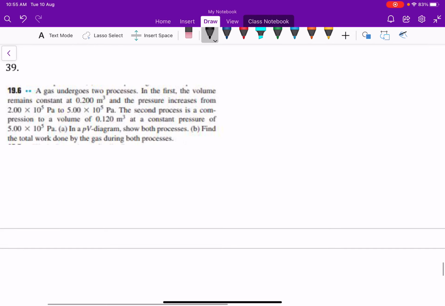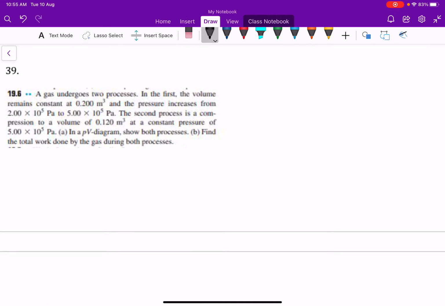Next, come to question number 39. Here a gas undergoes two processes. In the first process, the volume remains constant at 0.2003 meter cube, and the pressure increases from 2 into 10 to the power of 5 pascals to 5 into 10 to the power of 5 pascals. So I am writing a PV diagram for this.